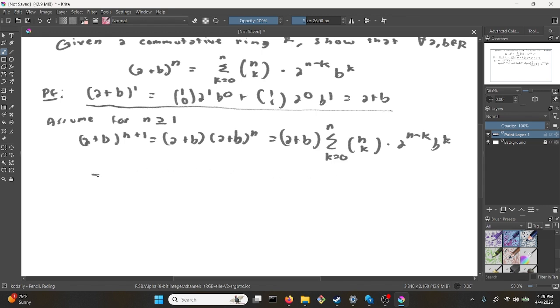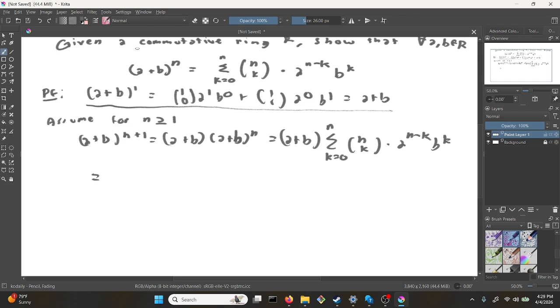And then since we're in a ring, we can do left distribution or right distribution, but in this case, it's left distribution. So we're going to move this a to right here and this b to right here for two different sums, right?